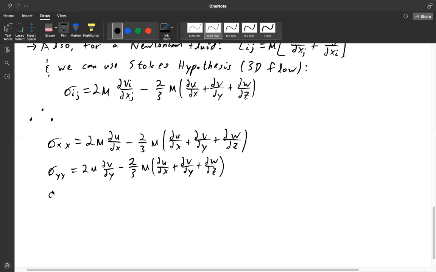And lastly, we have sigma zz, 2 mu partial w partial z minus 2/3 mu times partial u partial x plus partial v partial y plus partial w partial z.